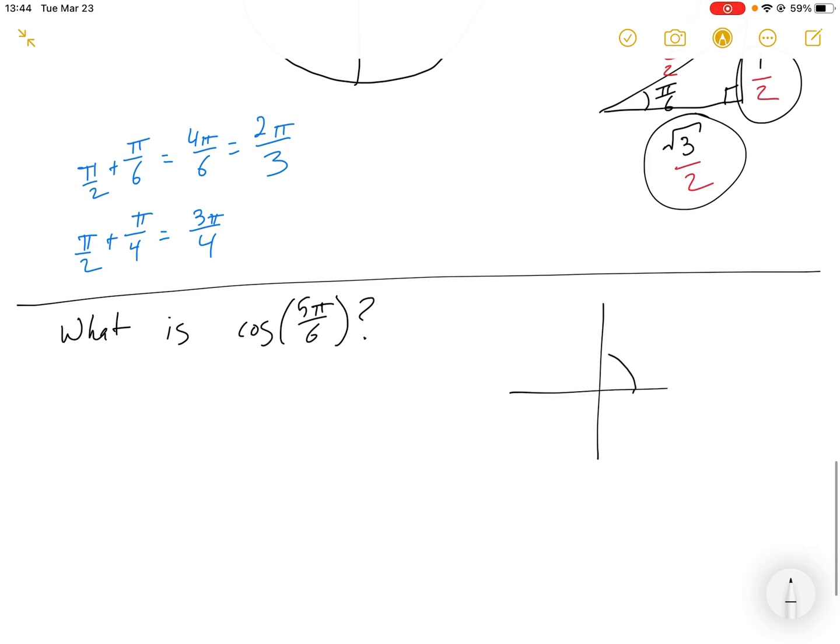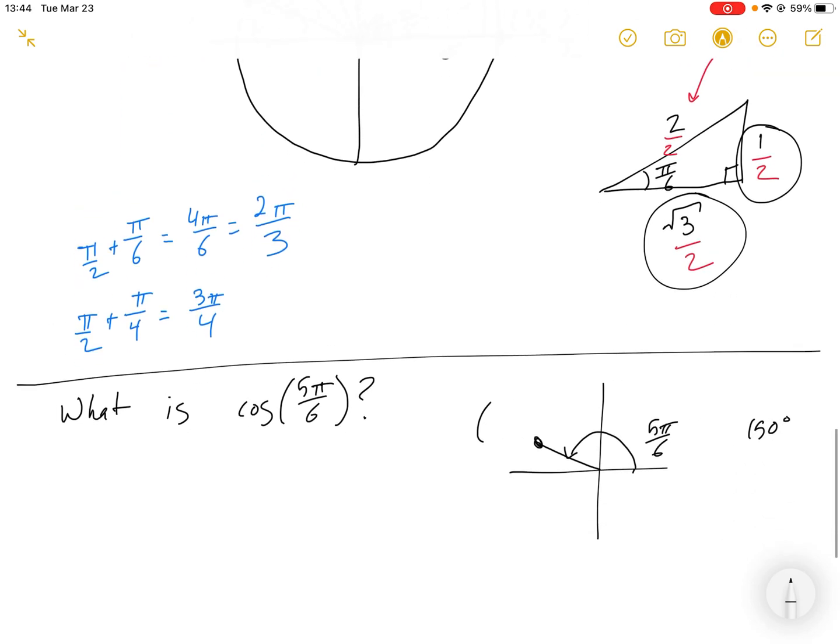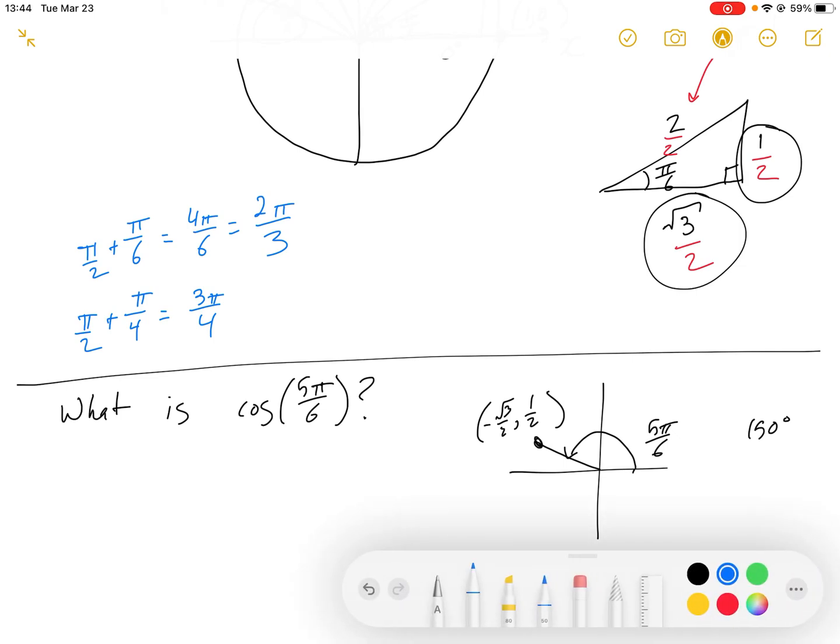So that would be a rotation of this amount. In degrees, this is 150 degrees, if that helps make a little bit more sense. Looking on your unit circle, you would say, oh, the point, come up here, negative root 3 over 2 and 1/2 is the point on the unit circle.